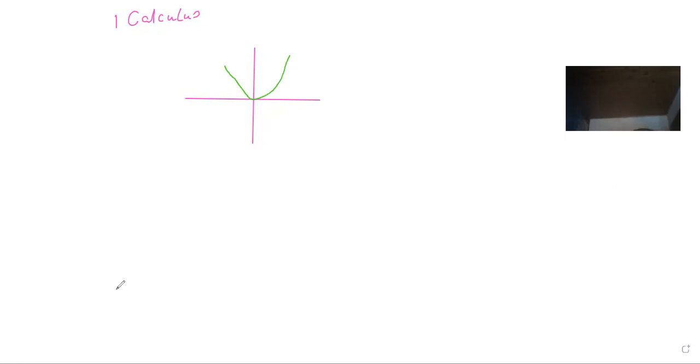You have a tangent to it. A tangent to the curve. Tangent to the curve.